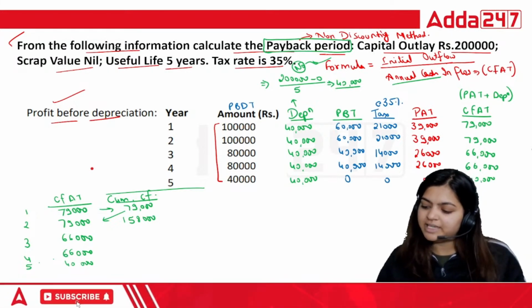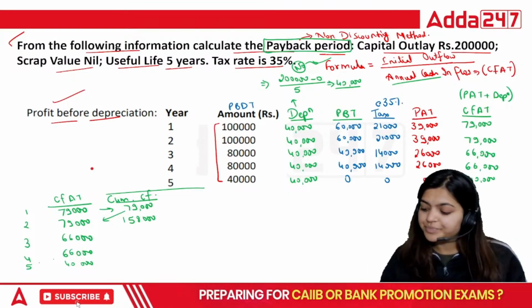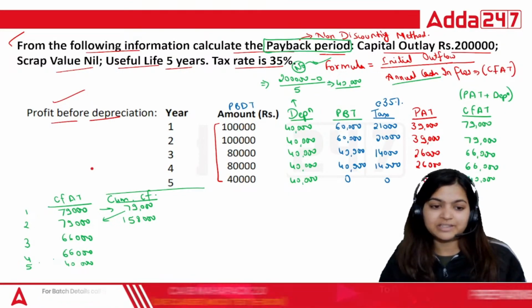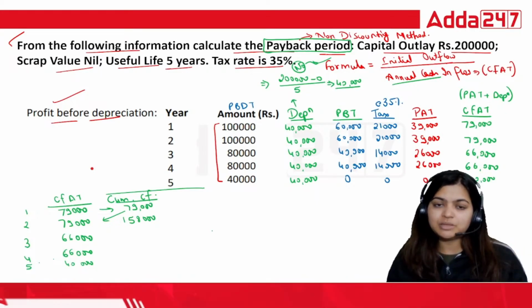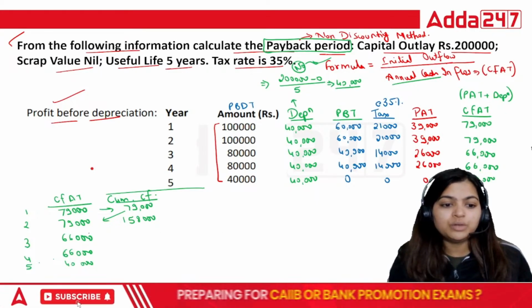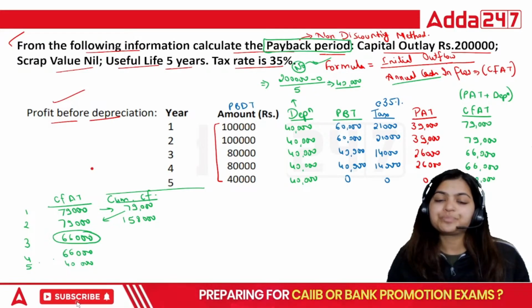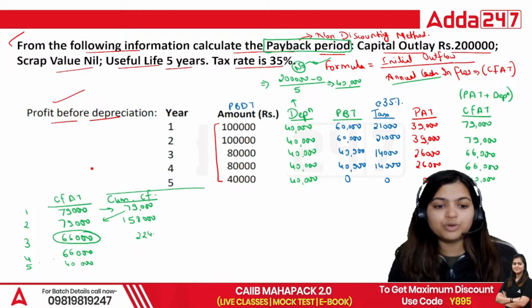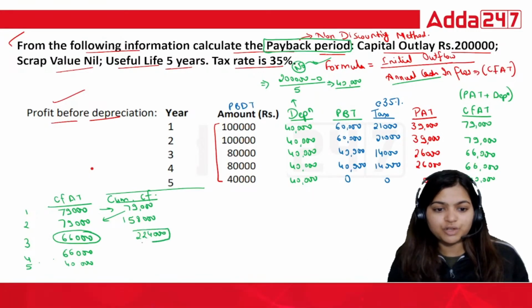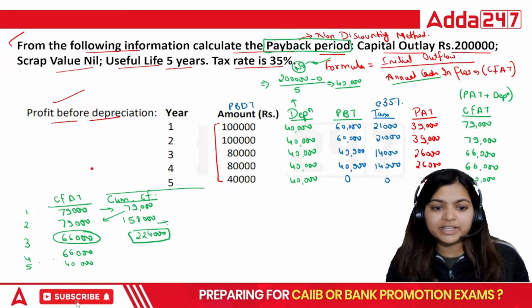So if I add 1,58,000 plus 66,000 for your next year, that is going to be 2,24,000. We want that much amount? No, we don't want to earn 66,000. Because if you add it, you will get 2,24,000. This is what we want? No, we want only till 2 lakhs.